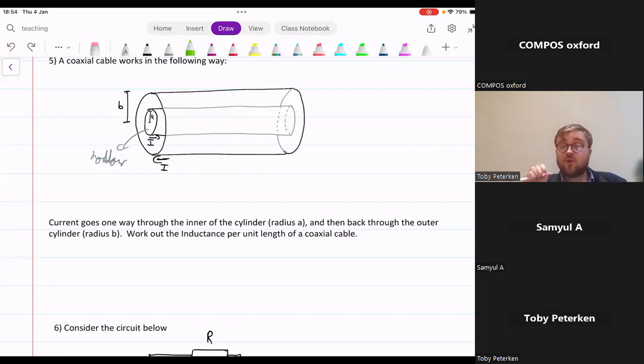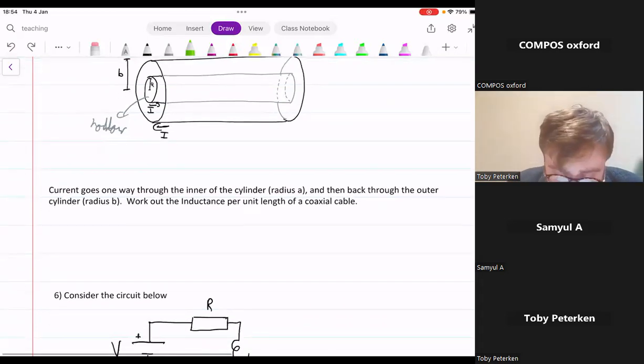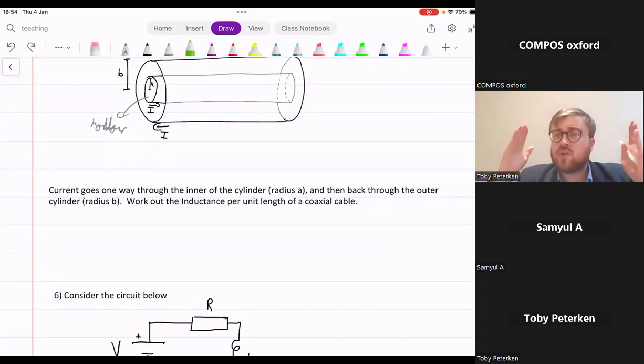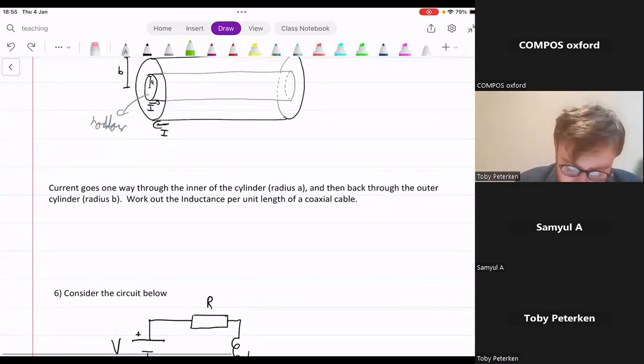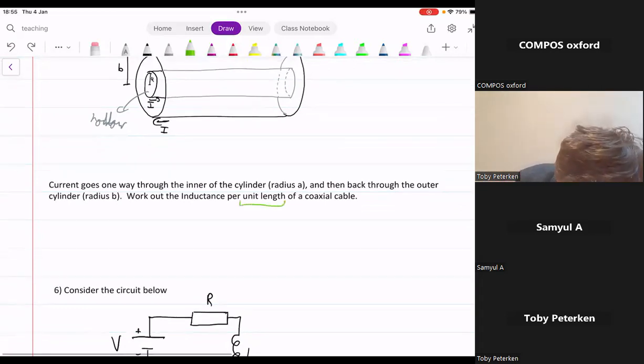So the total current on the inner surface is equal to the total current on the outer surface. And we want to work out the inductance per unit length. So obviously, the longer this is, the more flux we're going to have going through it. We're going to look at one that's 1 meter long. So unit length, 1 meter long.